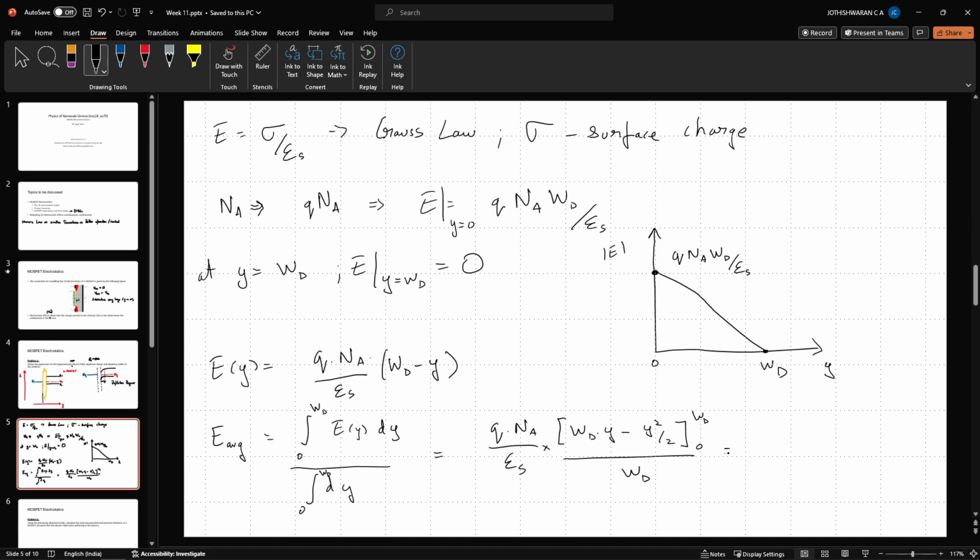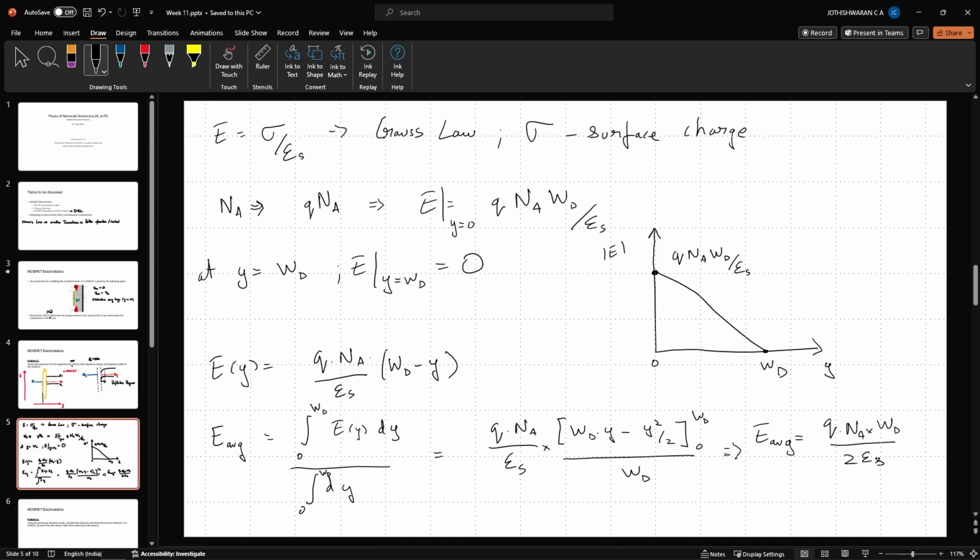So from that we get the expected answer that the average electric field is Q times Na into Wd squared by 2, the Wd and Wd cancel each other out, so this is Q Na Wd by 2 epsilon s. So this is the average electric field.